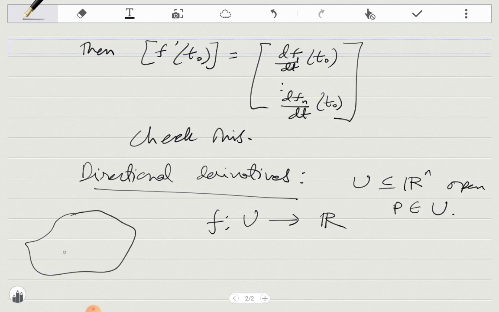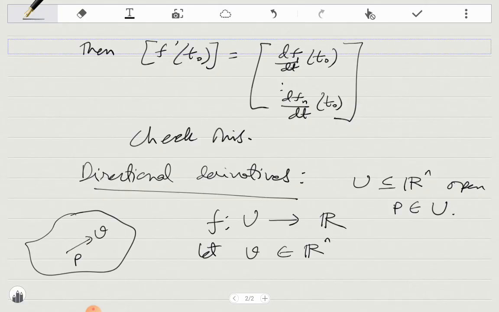So the picture is this. I have a point P. Now let V belong to Rn. We want to think of V as a direction based at P. So I'll just draw an arrow.